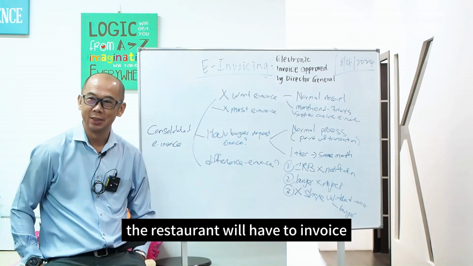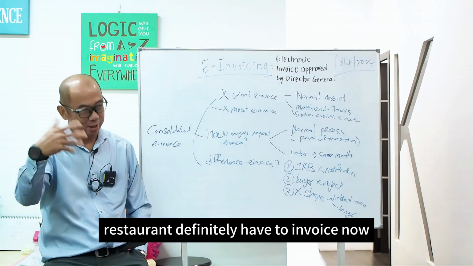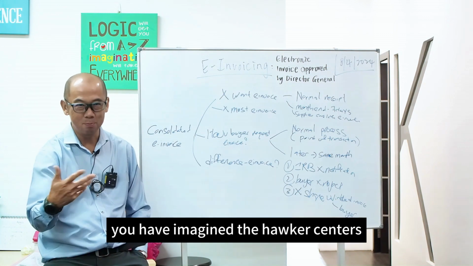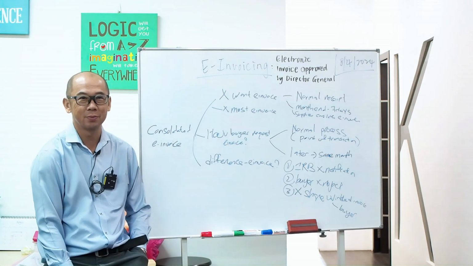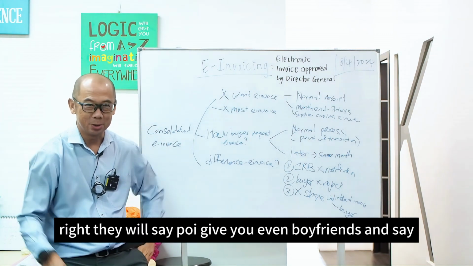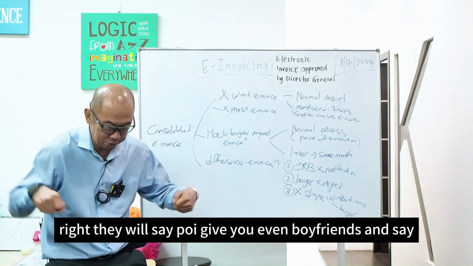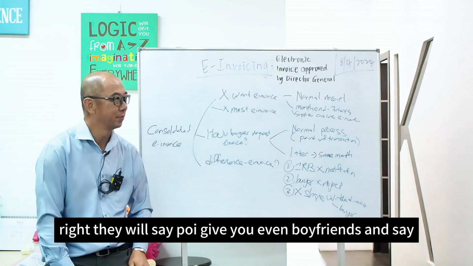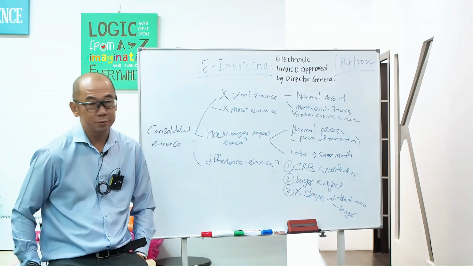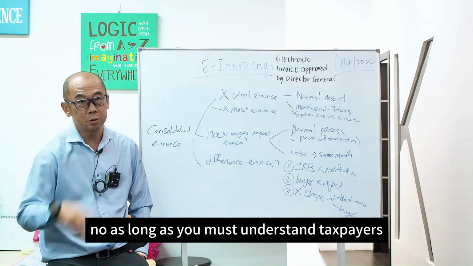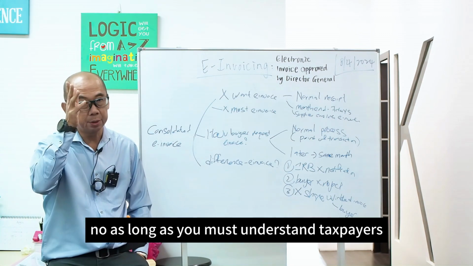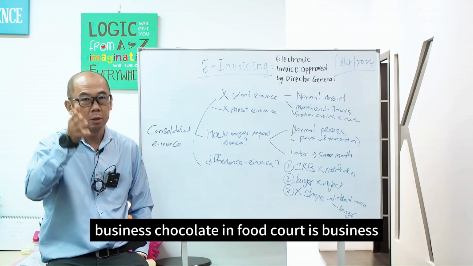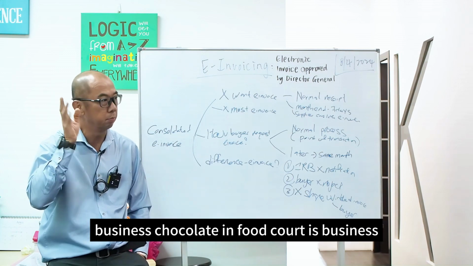Restaurants, you have e-invoice as well. Restaurants definitely have to e-invoice, but imagine the hawker centers. They will say, "Hey, I give you e-invoices." Understand? As long as you understand, taxpayers, business, chao kway teow in a food court is business.